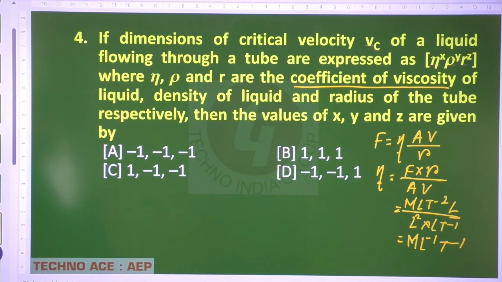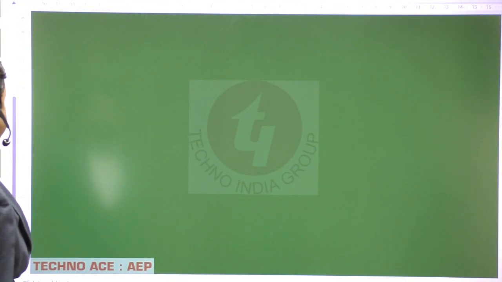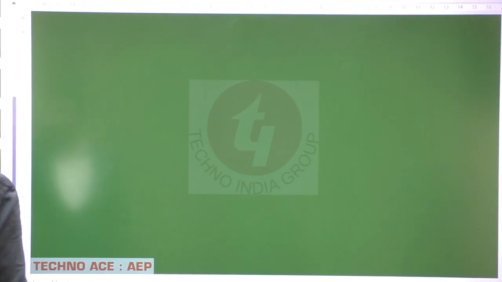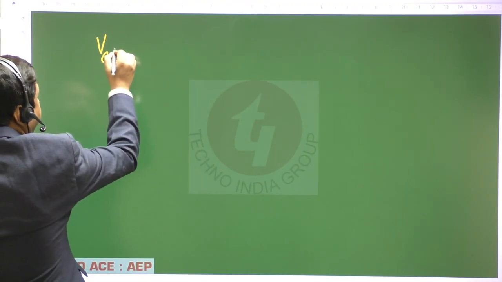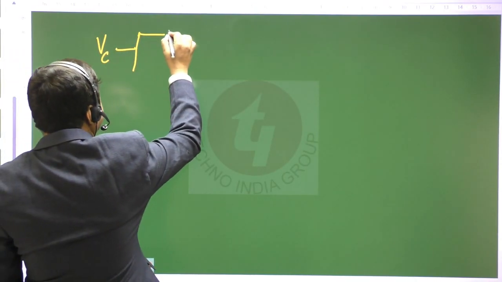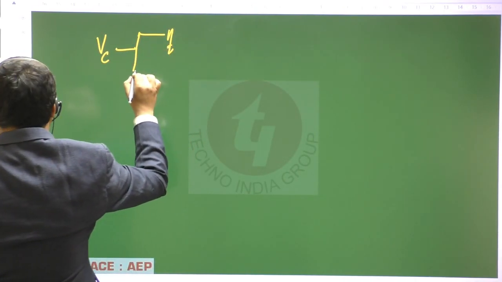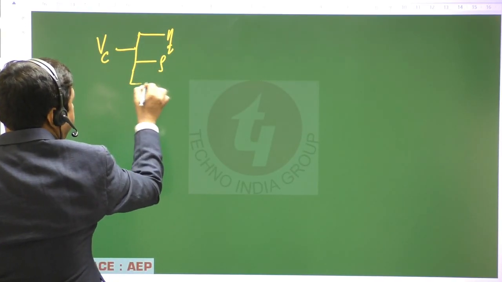So first you try to do this. It is the same as the previous problem. Okay, that means here you have to find the critical velocity, which depends on the coefficient of viscosity eta, and rho and r.